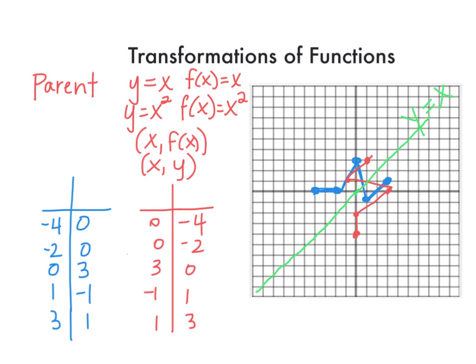This particular point reflects here. This particular point reflects across here. This particular point reflects across here. So I found my inverse tabularly, but I also am going to double check it graphically.